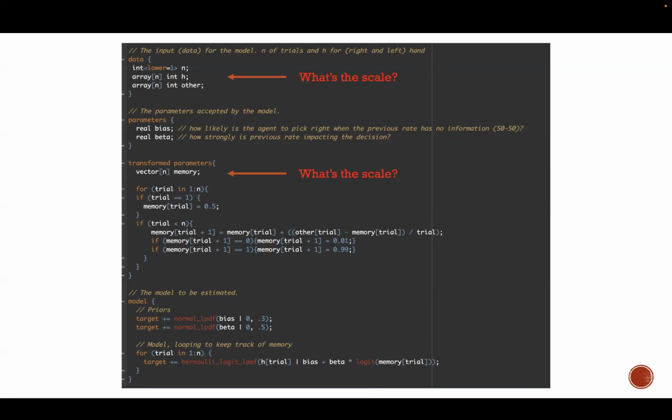We put two priors on the two parameters, one prior each. And we have the Bernoulli logit LPMF, where the choice at a given trial, and I'll explain why we're doing it trial by trial, is given by the linear model that we were seeing before. Right? So alpha or bias plus beta times memory in that trial.